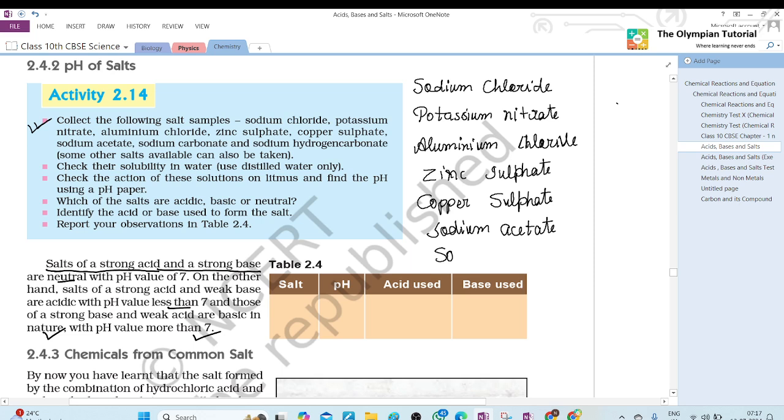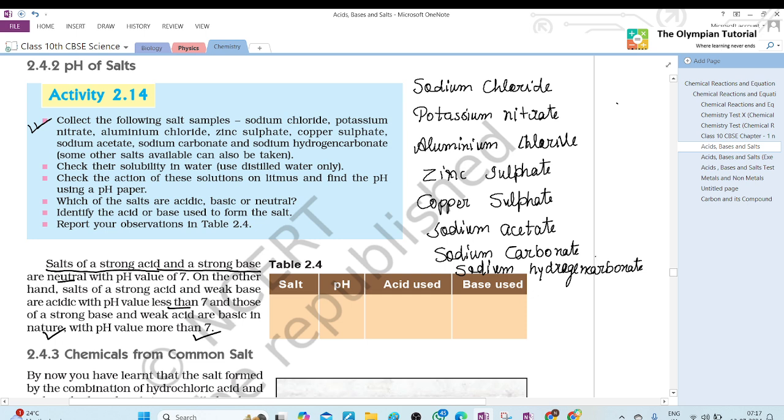Can you tell me about the colors? Ma'am, red is for HCl, means for acidic it will be red, and for basic it will be blue. Very good.